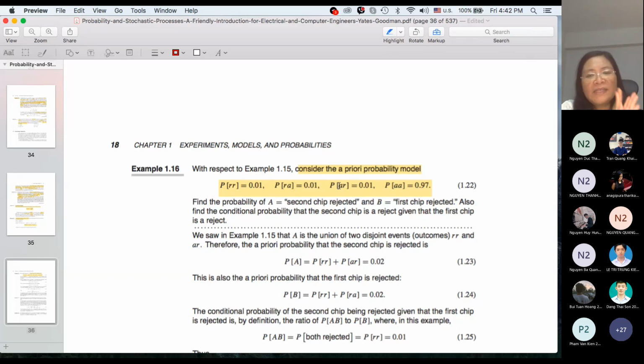Probability is a map from the sample space to the interval 0 to 1. You see that people assign probabilities like this. It's not equally likely at all, right?